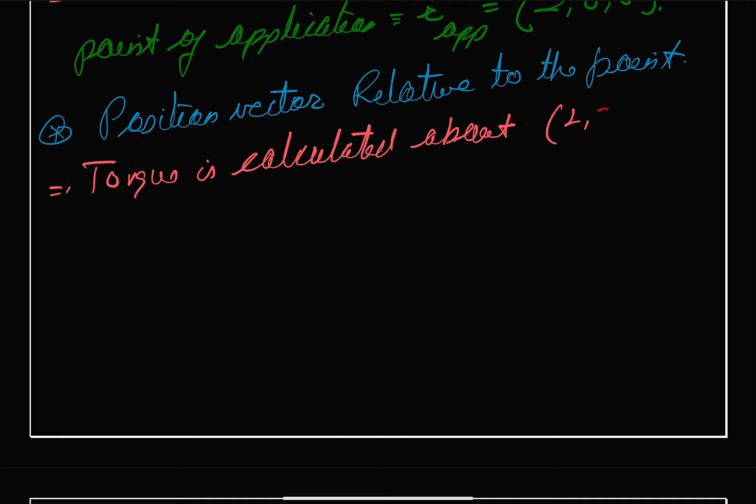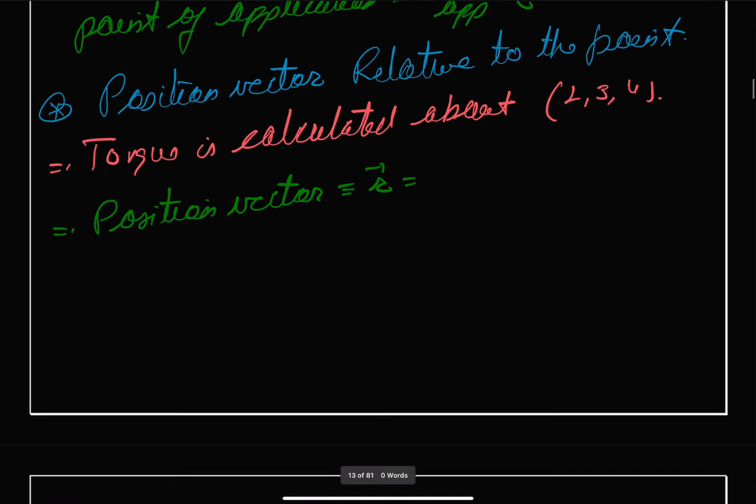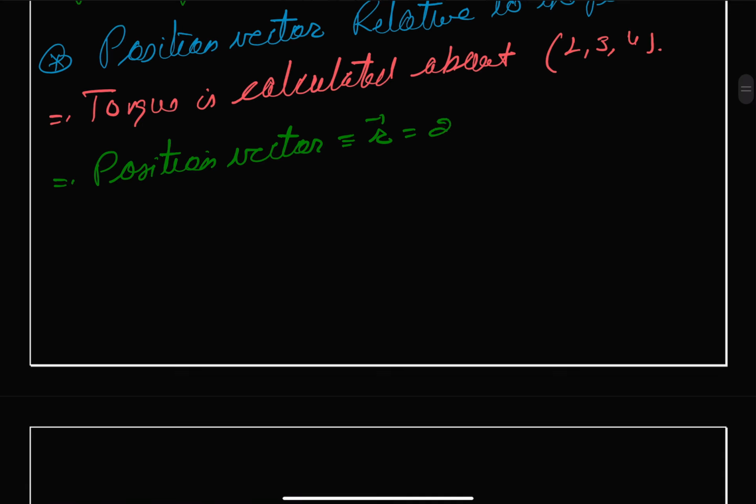Therefore the position vector, that is our R, will be equal to 2 minus 2, 0 minus 3, and 0 minus 4, where the point is 2, 0, 0. This comes to 0, minus 3, and minus 4.